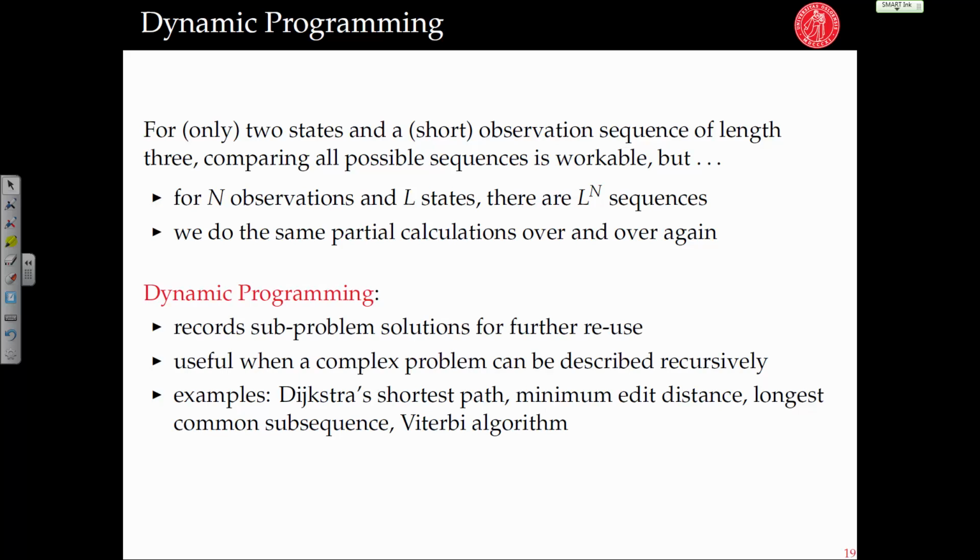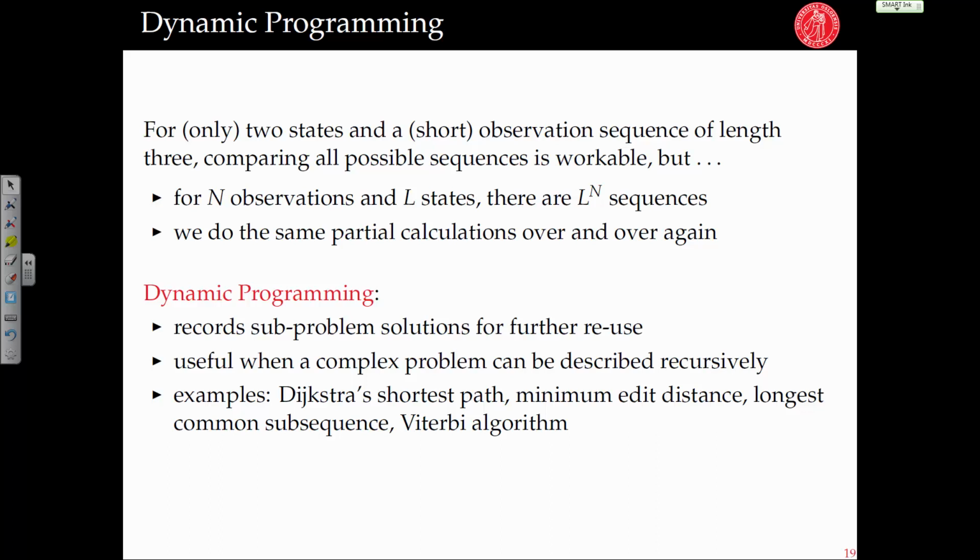So you can solve such problems with dynamic programming. Dynamic programming algorithms, which you probably have seen already in other courses, will typically divide the problem into sub-problems, record intermediate solutions to these sub-problems, and then reuse them to make up the final solution.